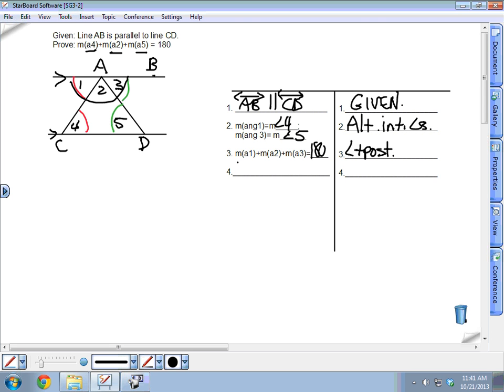Therefore, and those three dots mean therefore, the measure of angle 4 plus the measure of angle 2 plus the measure of angle 5 is equal to 180. What we did, we substituted 4 and 5 for 1 and 3, didn't we? I finally got that one right. I finally wrote substitution. Okay. I never write substitution. I always write something stupid.